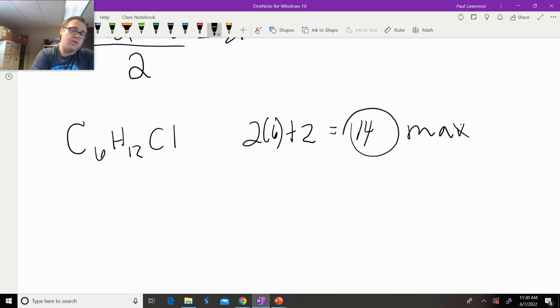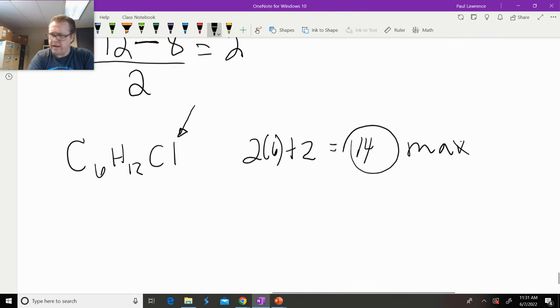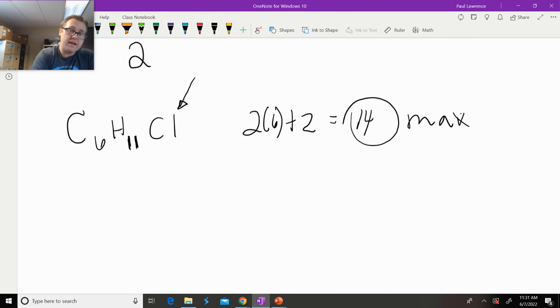Now, with a chlorine atom, let's see, I actually wrote down this formula wrong. There you go. It should be 6 carbons, 11 hydrogens, and 1 halogen. Now you're going to take the halogen and add 1 hydrogen.